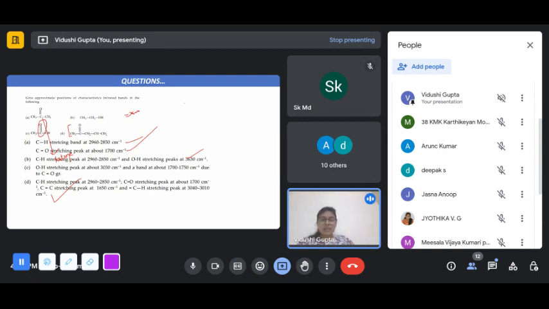So just remember, for carbonyl the stretching is approximately 1700. For OH, it's approximately 3600.